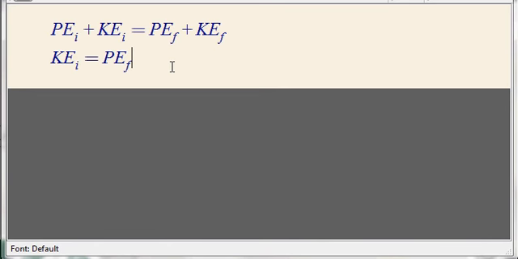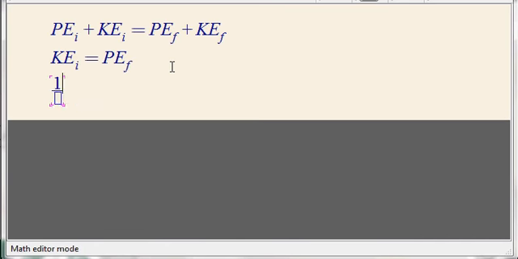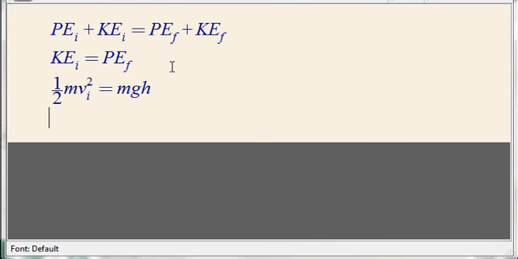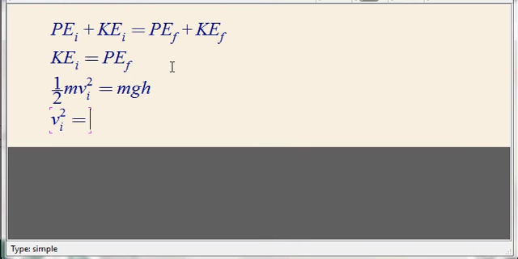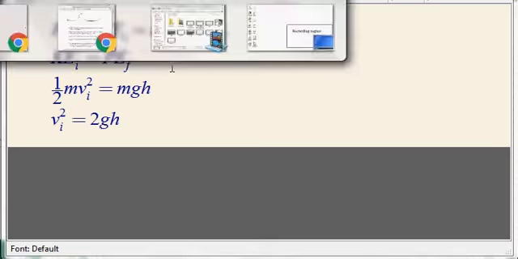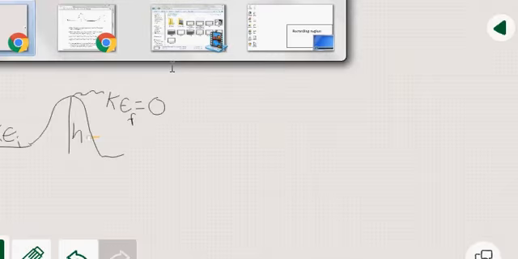This gives a really nice simple equation, and you plug in the usual values, and you can cancel the mass if you want. And you can find that needed energy. The needed velocity, which of course matches up to the needed energy.